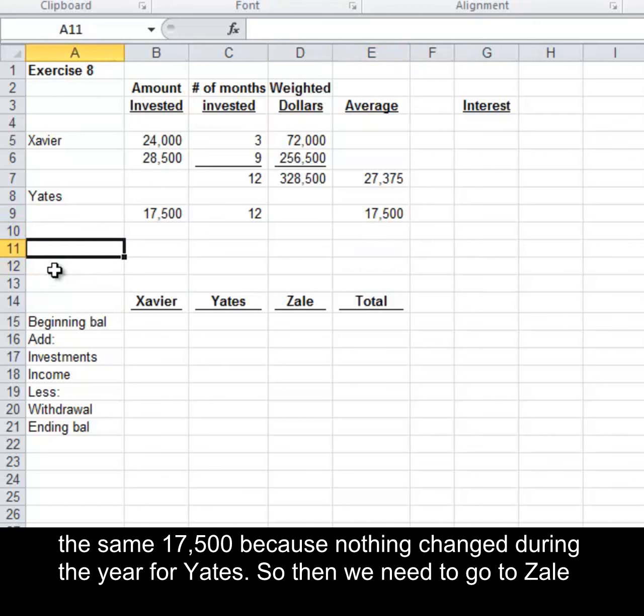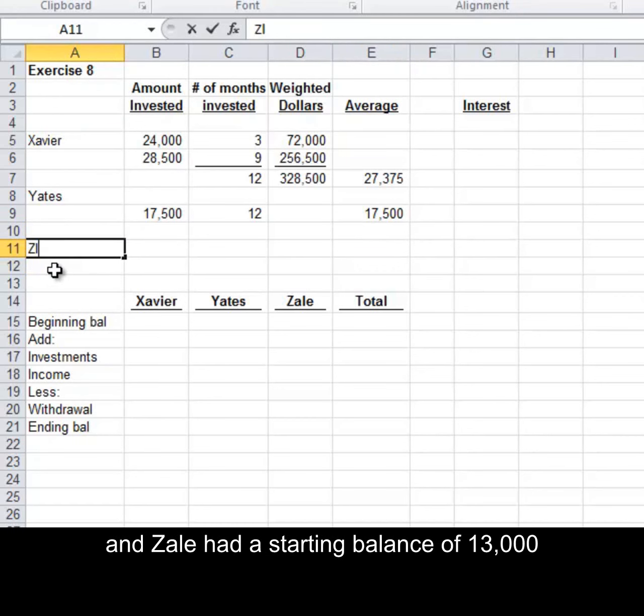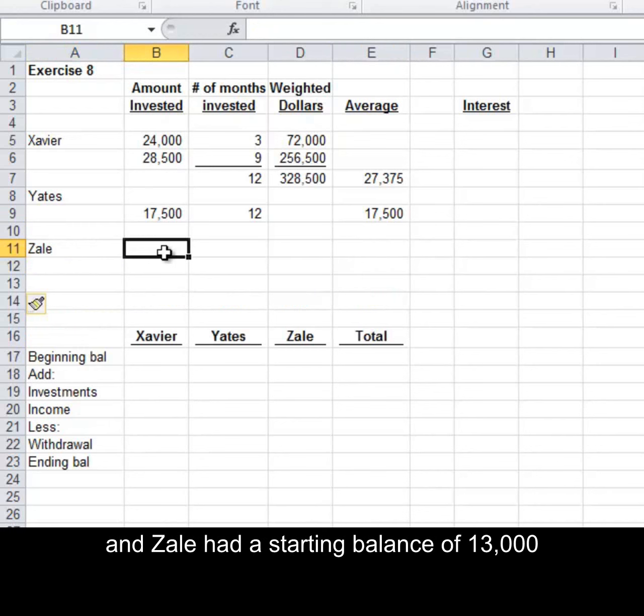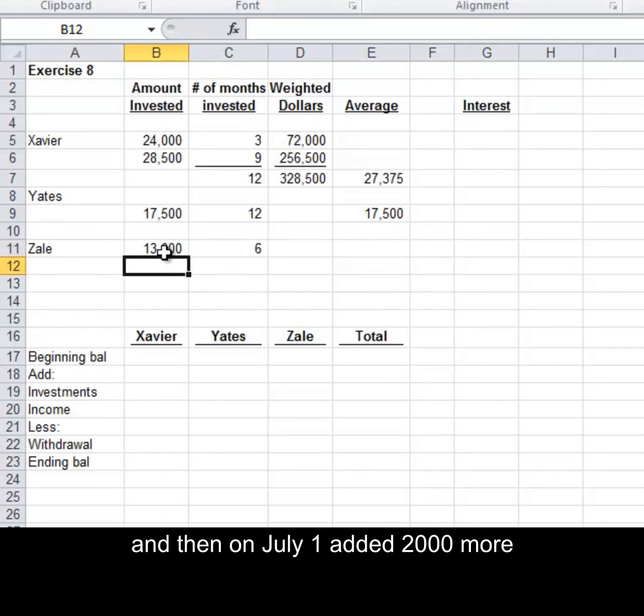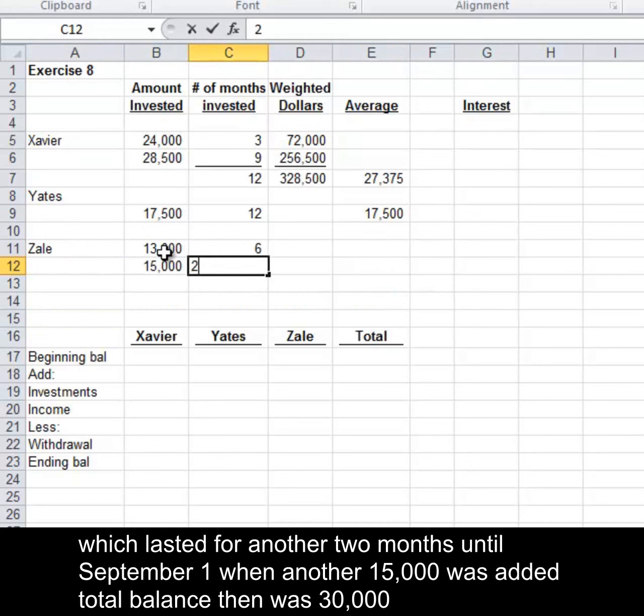So then we need to go to Zale, and Zale had a starting balance of 13,000, which lasted for 6 months, and then on July 1st added 2,000 more, which lasted for another 2 months until September 1st, when another 15,000 was added.